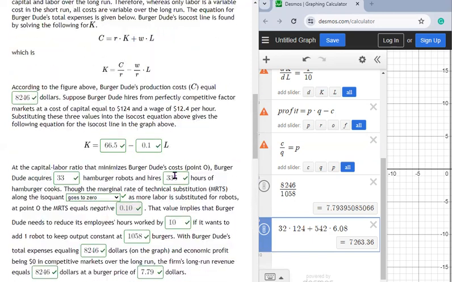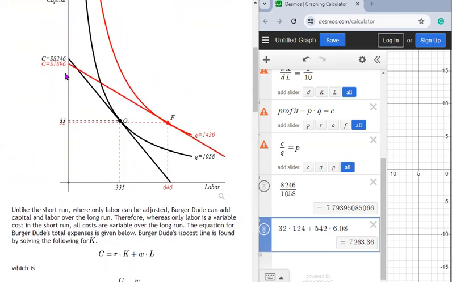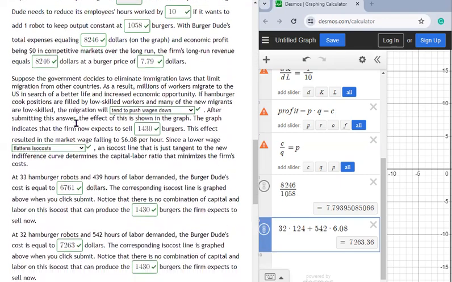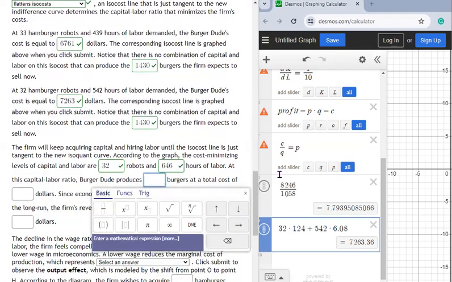Now notice when we press enter, we get this new isocost line here that is just tangent to the new isoquant at point F. And the cost is 7,896. That's how many burgers it's producing, right?